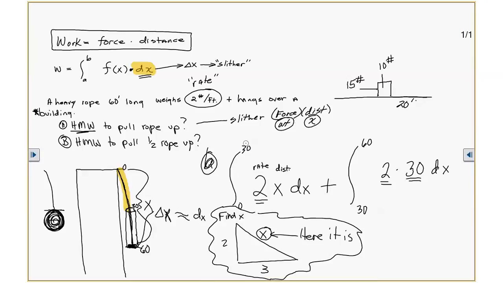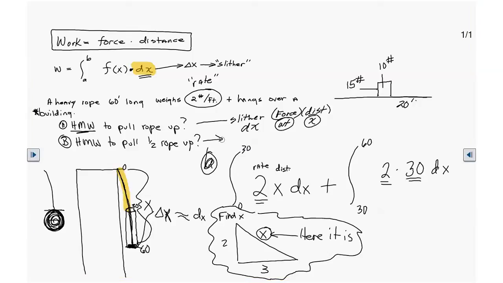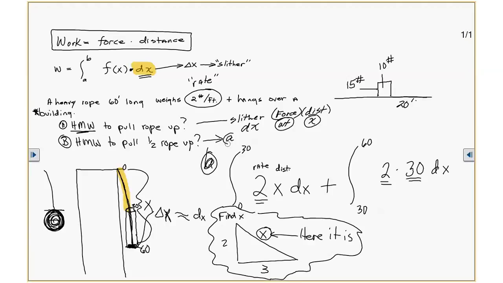And then the slither, of course, is going to be your X. And you've got to think not only part A, but you also got to think plus dead weight.